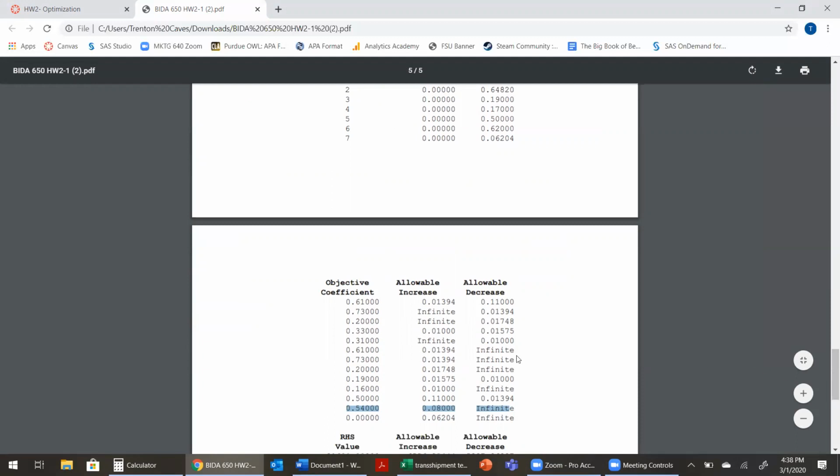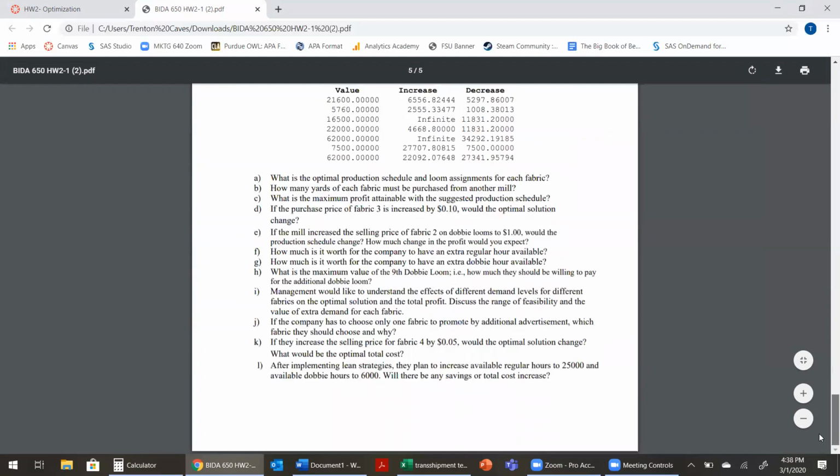But because we're already over on the X4D, our selling price would change the optimal solution, and the optimal total cost would have to be recalculated.